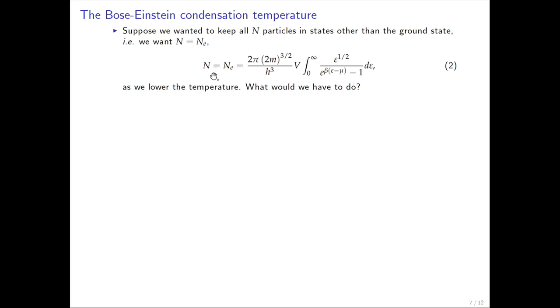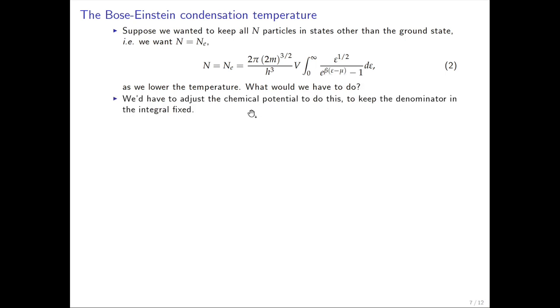If I want to keep the same value, I've got to change something here. So I've got to change this factor to compensate for the beta thing making it smaller, and the way to do that is to adjust the chemical potential. If we lower the temperature, mu, which is negative, we would have to increase mu, so make it less negative. So if beta is getting larger, we need to make this term smaller, which means making mu closer to 0.